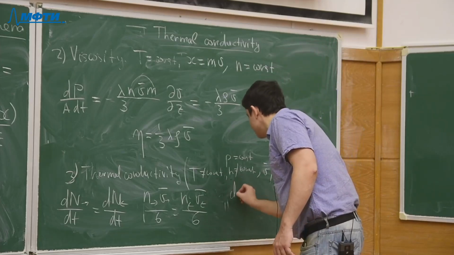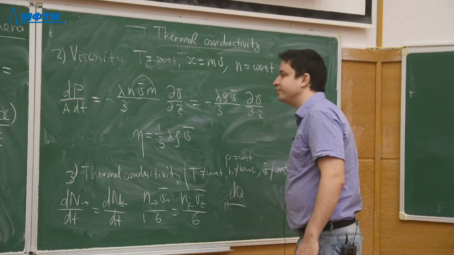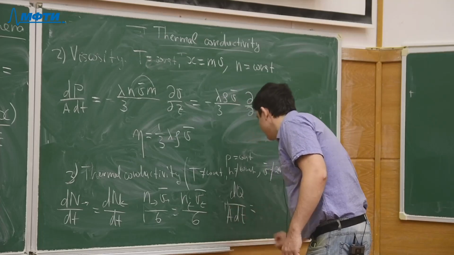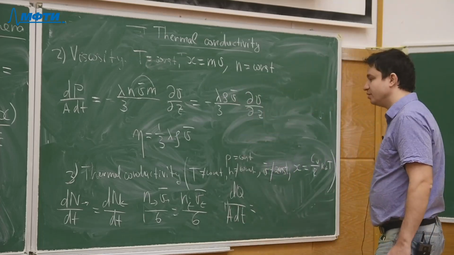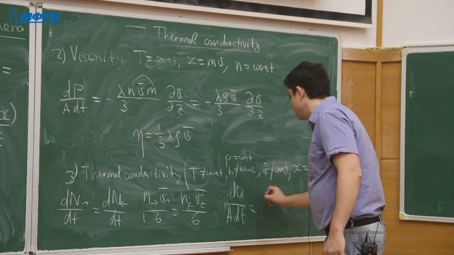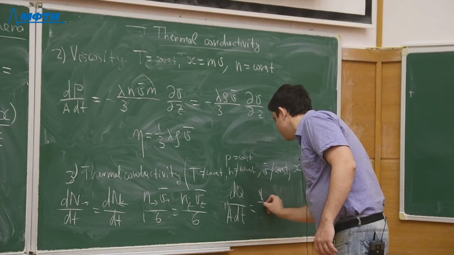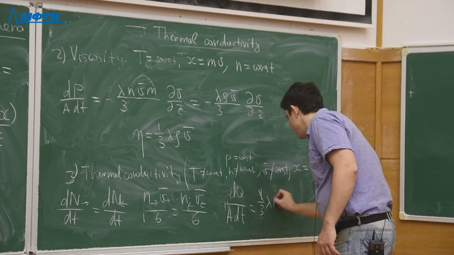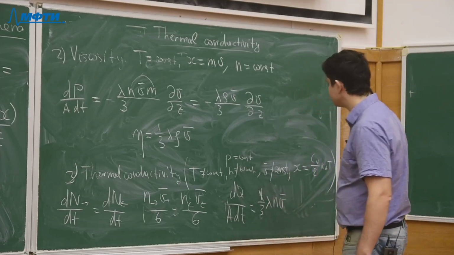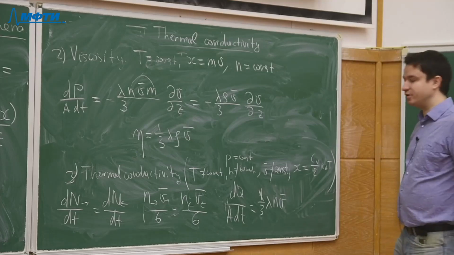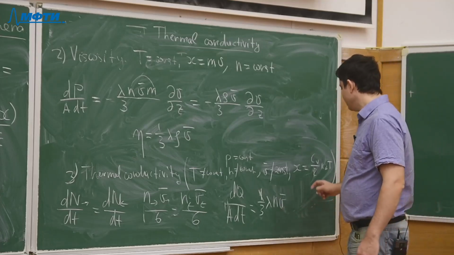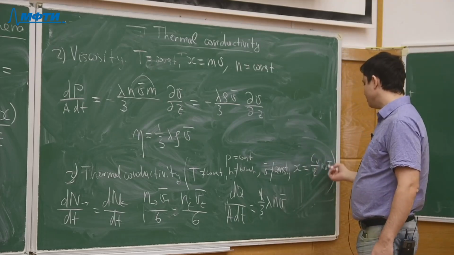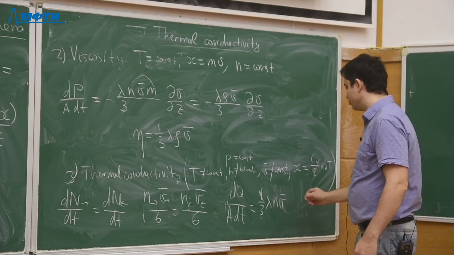So the amount of heat transferred by molecules due to the thermal motion is equal to 1/3 multiplied by lambda multiplied by n times mean speed. So it doesn't matter where I measure it. And this is multiplied by the derivative of x. In x there are also lots of constants, I can take them out.